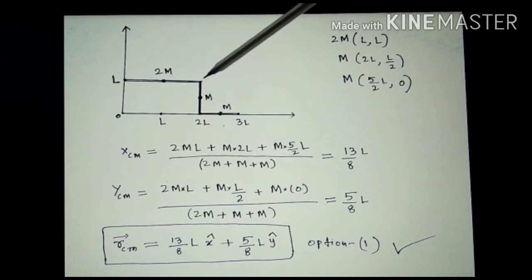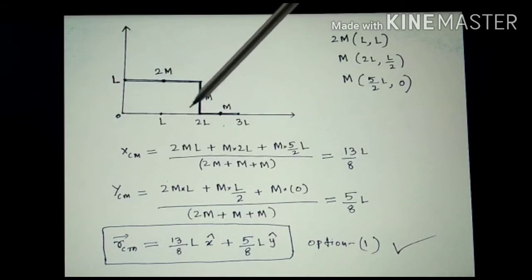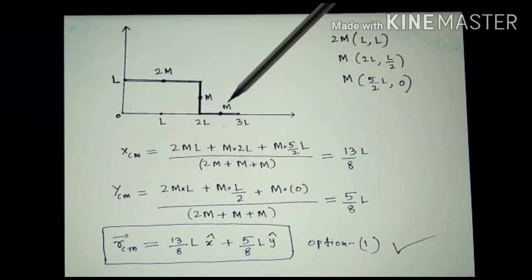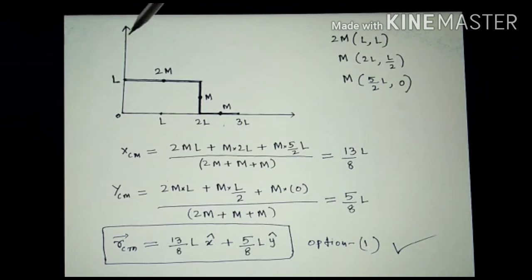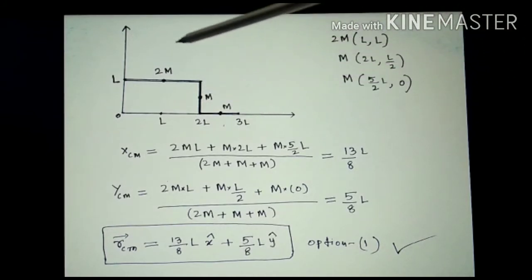Downward, the length is L, so I am assuming that mass is m. And on the right side from 2L to 3L, the length is L, so that is also m. I have divided this bar into three portions, with lengths 2L, L and L. If the length is L, I assume mass is m; if it is 2L, it is 2m.